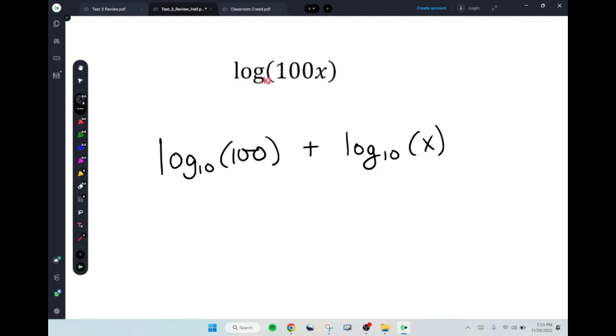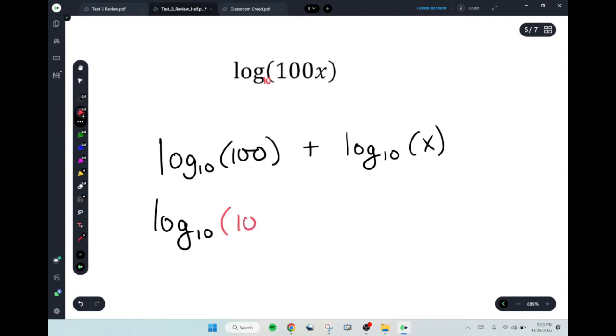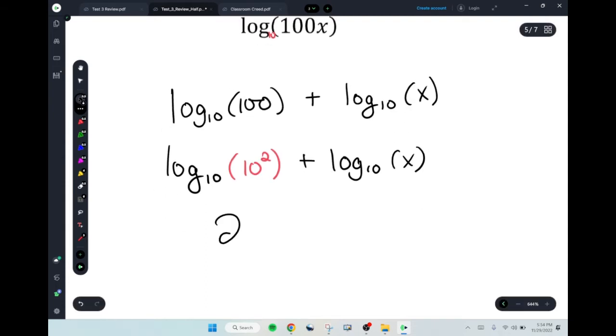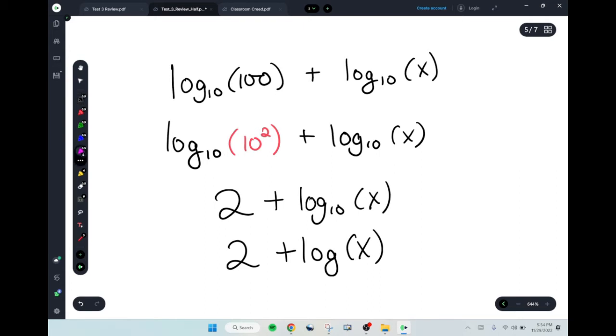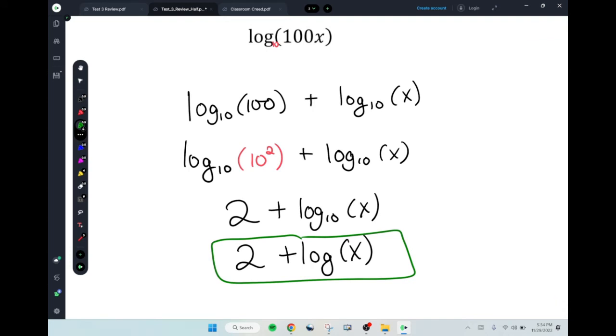Now what? 100's technically the same thing as 10 squared. So that gives us 2 plus log base 10 of x. And when you see it on the multiple choice test, you know there's going to be one little difference when you see it to select. The difference will be this. Not too crazy.